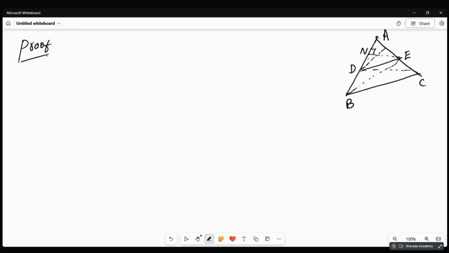Now from D I am drawing a perpendicular to AC. This is 90 degrees, and we call the foot M. So what is the construction we have done? We have joined BE and CD, drawn DM perpendicular to AC, and from E drawn EN perpendicular to AB.